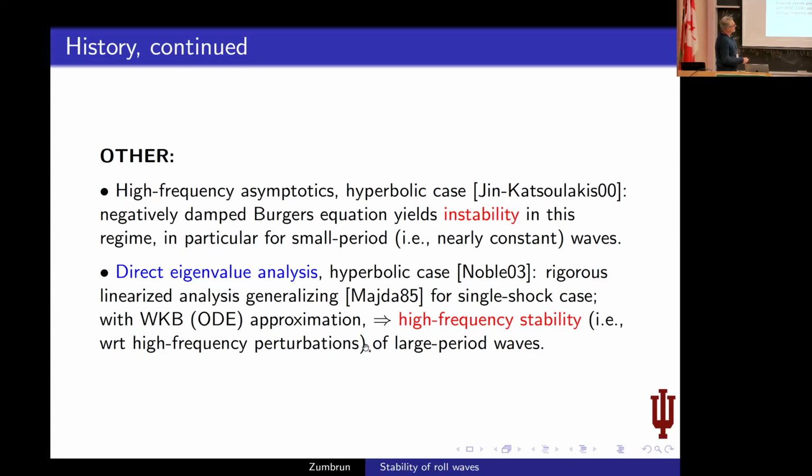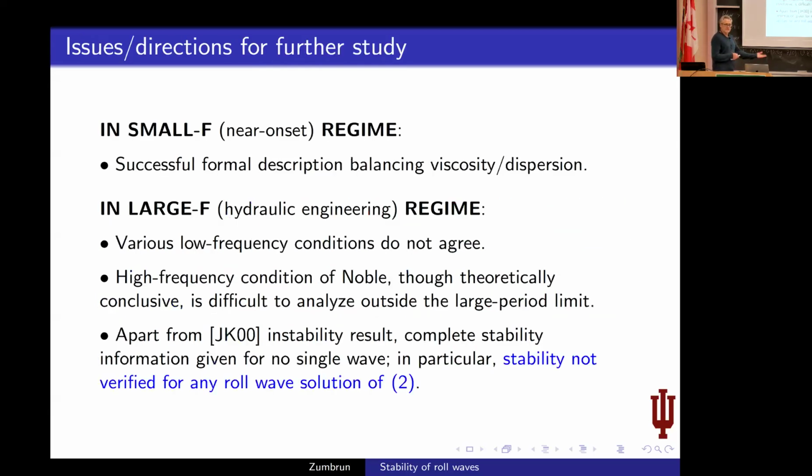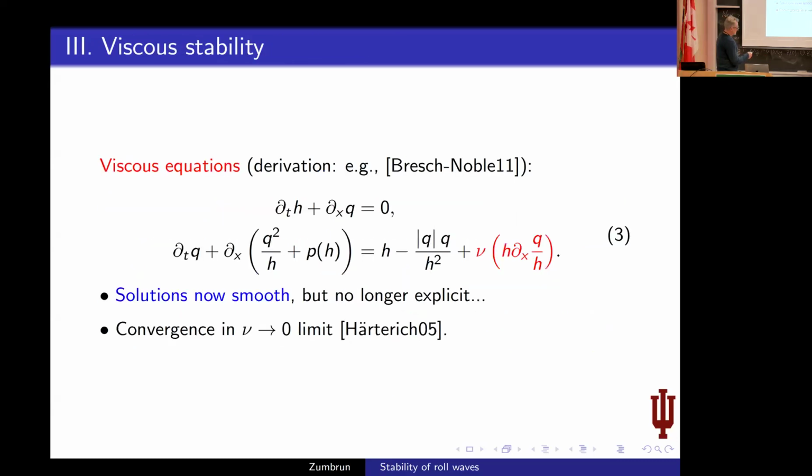And he was able to show high frequency stability for these roll waves, but not to understand the low frequencies. They're very complicated eigenvalue problems. So up to when we entered, there was no real definitive result of stability for or against.